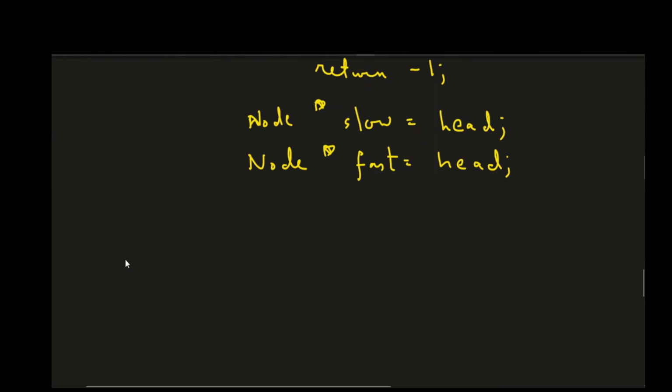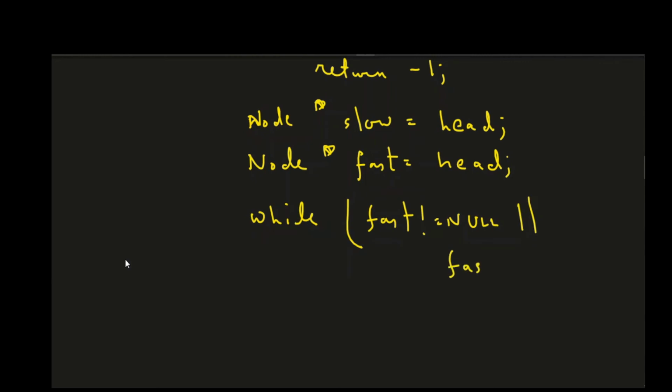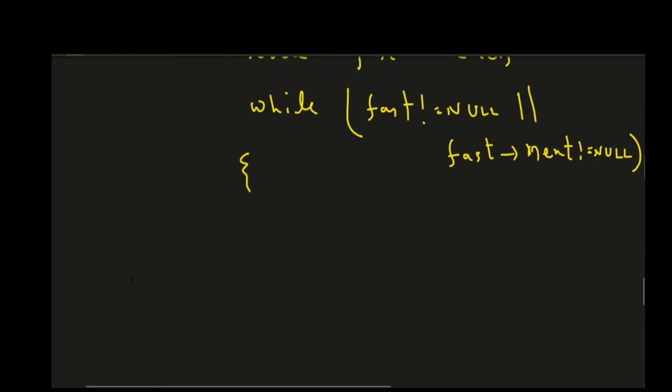Now we check whether fast is null or fast next is null. We keep it as the stopping condition of the loop. While fast not equal to null and fast arrow next not equal to null, we run this loop. And what do we do inside this loop?